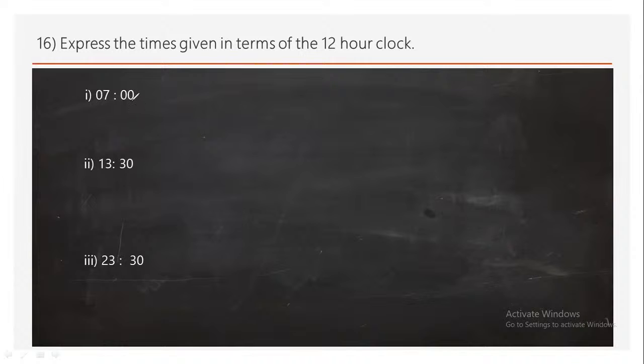We have to write this in 12-hour clock time. 7 we can write as AM, in the morning. 13:30 means you have to subtract 12. 13:30 subtract 12, that is 1.